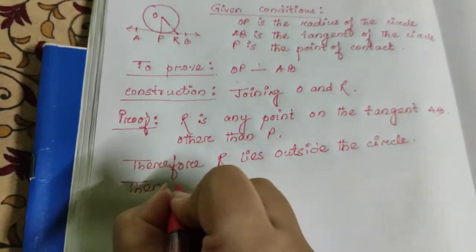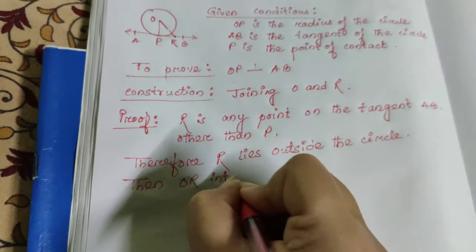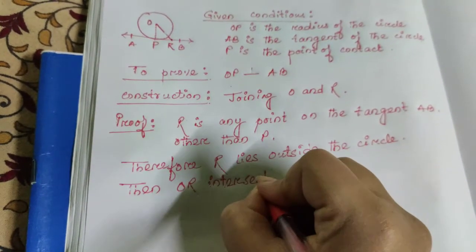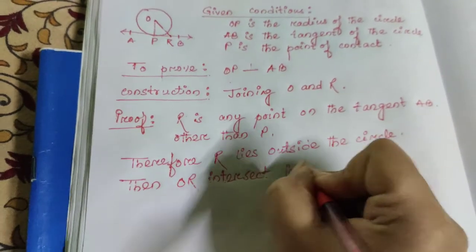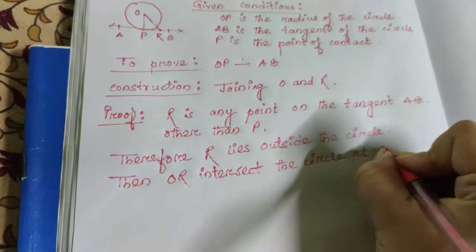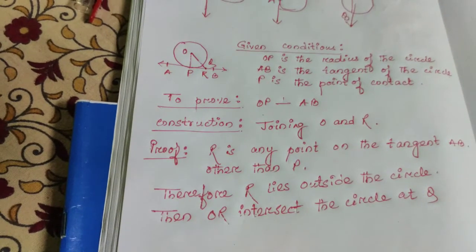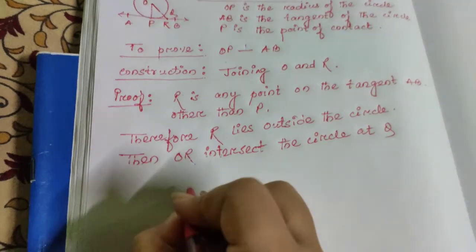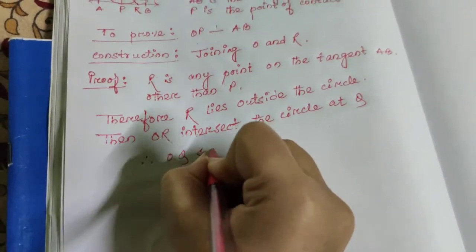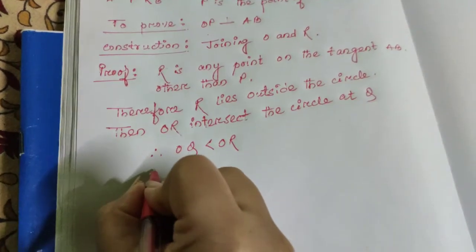Then OR intersects the circle at the point Q. Therefore, OQ is less than OR, as OQ is a part of OR.